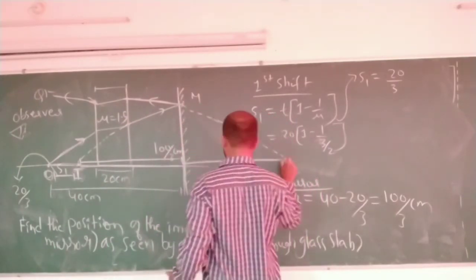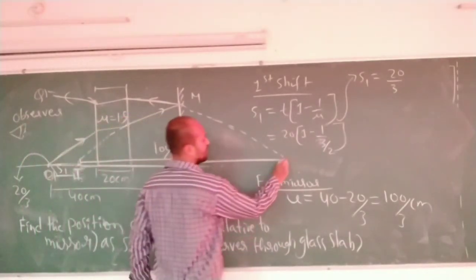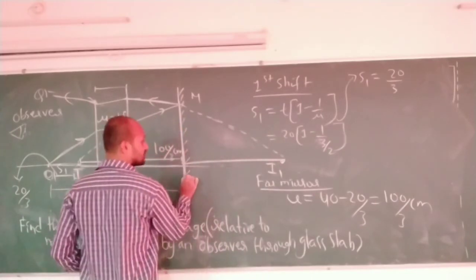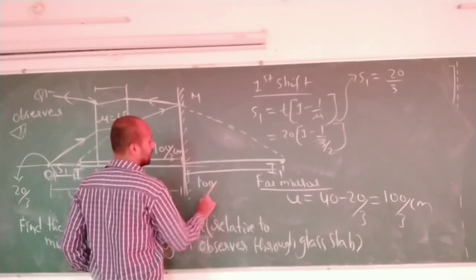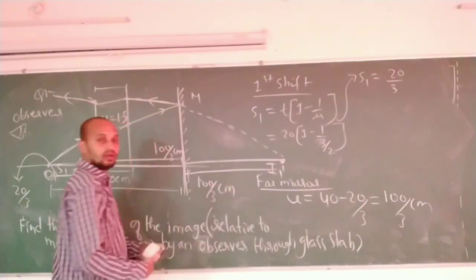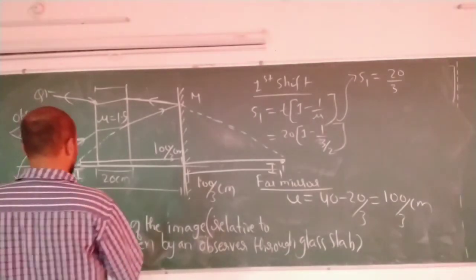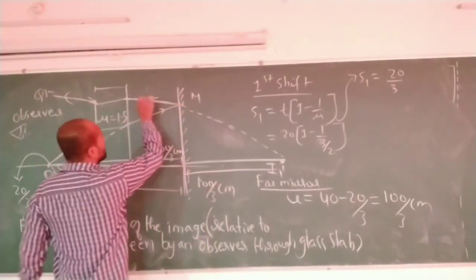Somewhere here, I will take this one as I1. Now what will be this distance again? This distance also will be 100 by 3 centimeters.